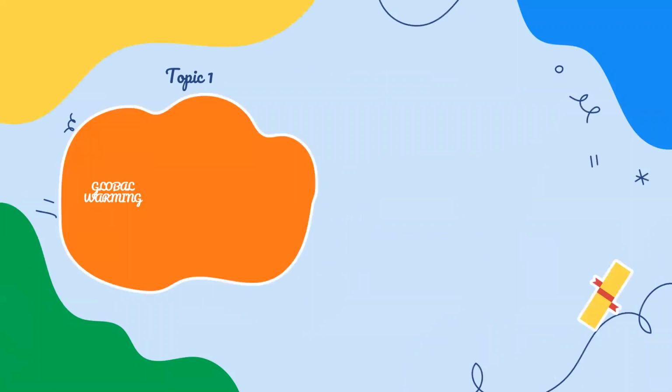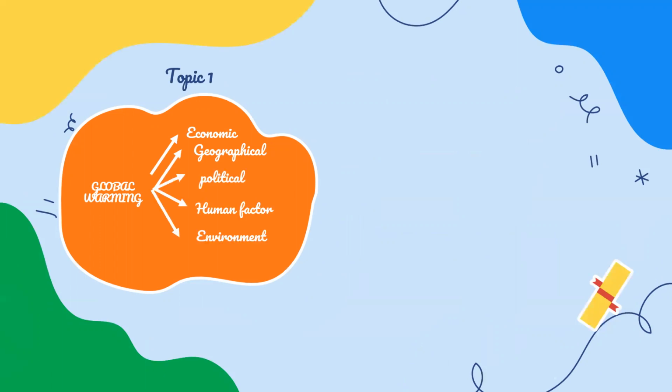So let us first start with an example. I am interested in this particular topic, that is global warming. I need to find out now what ideas I can write about global warming. So I can think of global warming from the perspective of the economic factor, the geographical factor, the political factor, the human factor, and the environmental factor.